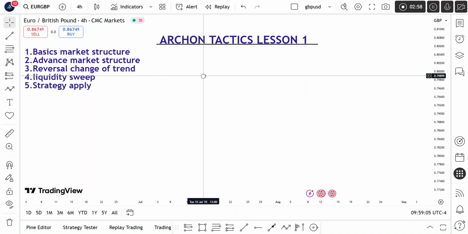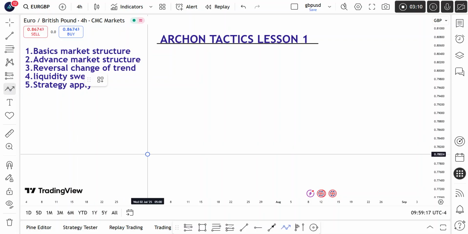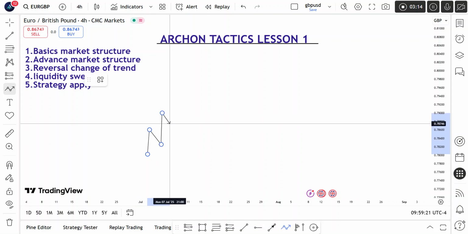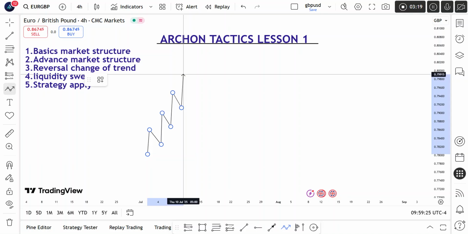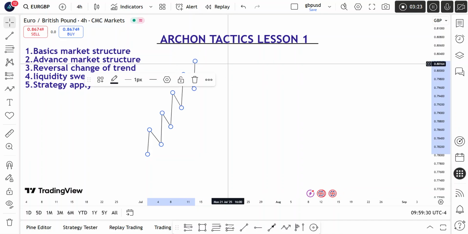We have the basic market structure. I'm going to take it from the basics first, and then we'll go to what is really meant to trade, our contactile. Here we have the different structures.